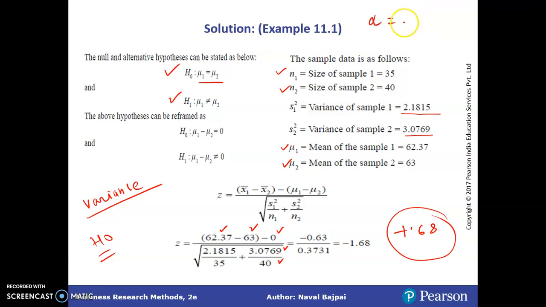The level of alpha in our case was 0.05. Okay, and was this a one tail test or a two tail test? We can see here the not equal to sign, and we discussed earlier, when there is a not equal to sign, we consider it a two tailed test.